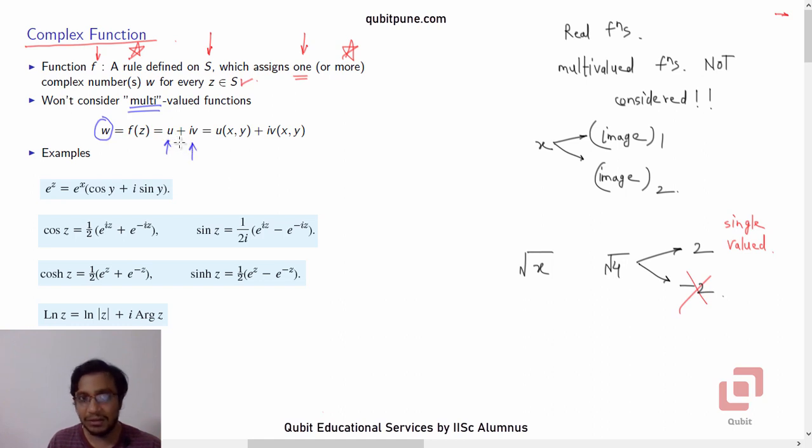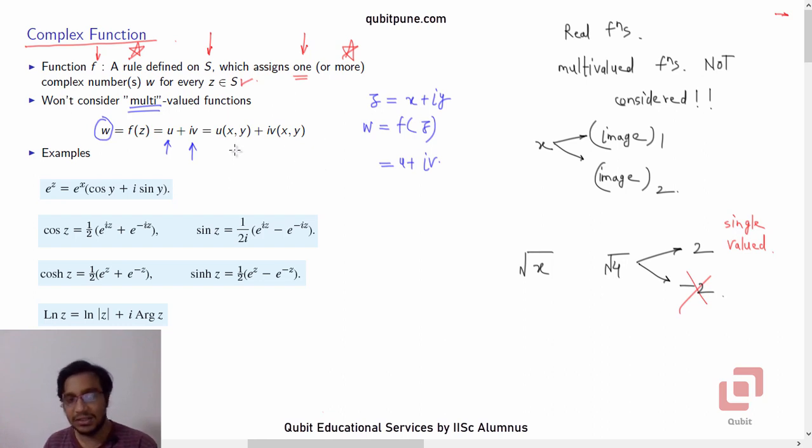So this is the convention: if z is x plus iy, then w, which is f of z or f of x plus iy, is now u plus iv, and both u and v are functions, in their most general sense, of x and y.